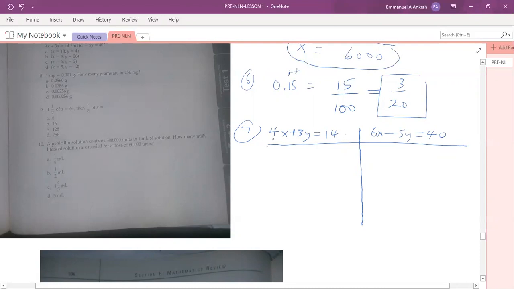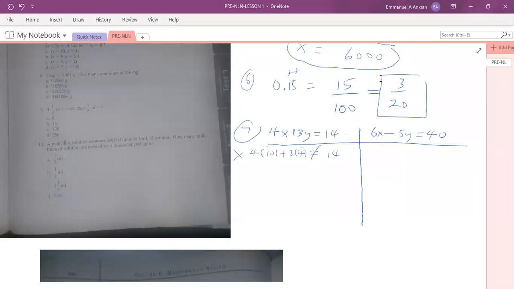So if you take the first one, X is 10, Y is 4. 4 times 10 plus 3 times 4, is this equal to 14? This is 40. This is 12. It's a big number, so it's not equal to 14. So it's wrong.